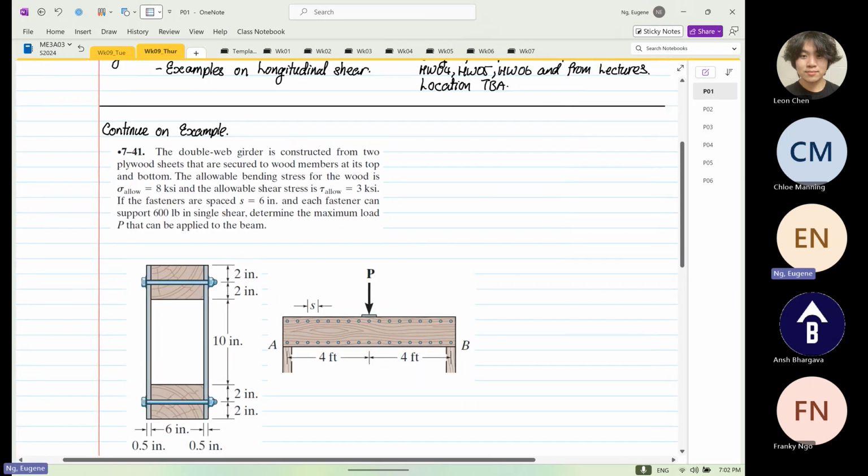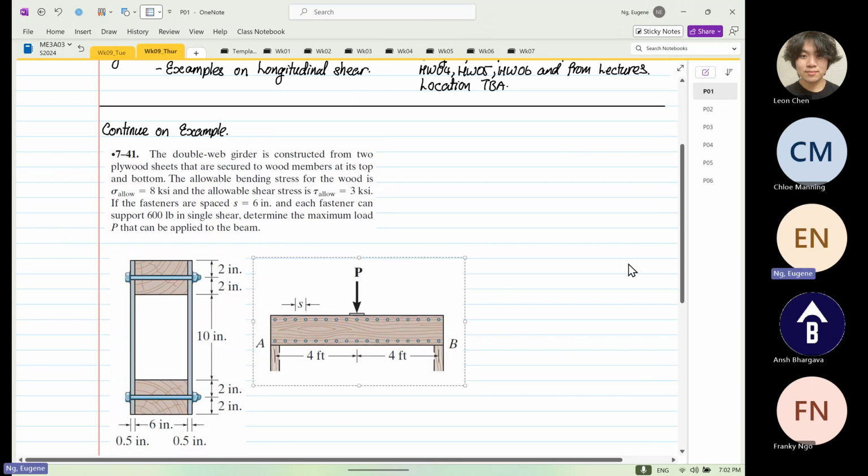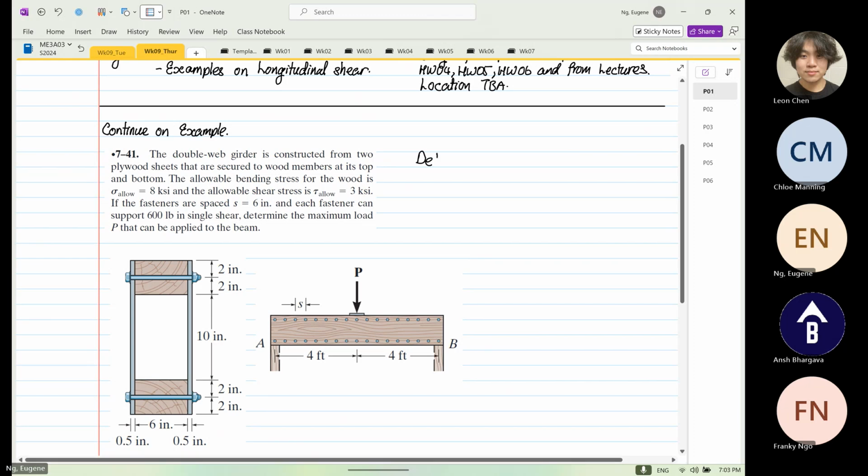So just to very quickly recap on this problem. The objective is to determine the value of P, which is the load at a simply supported structure.